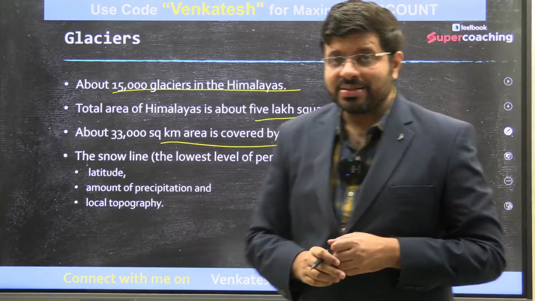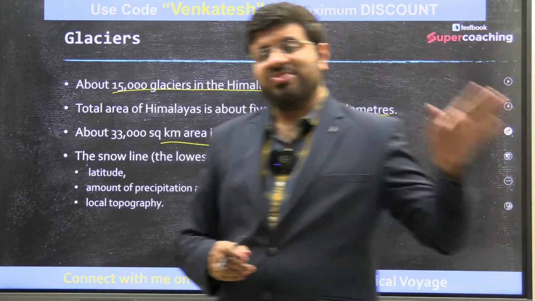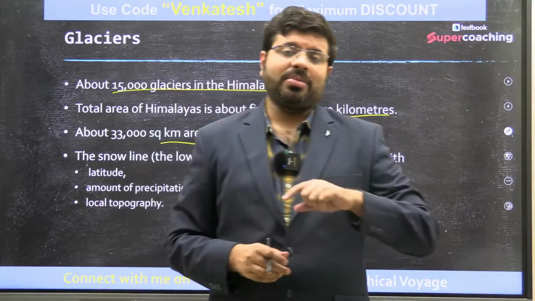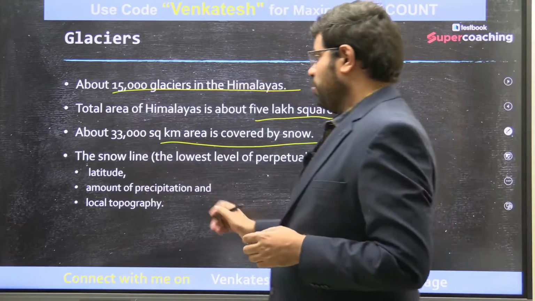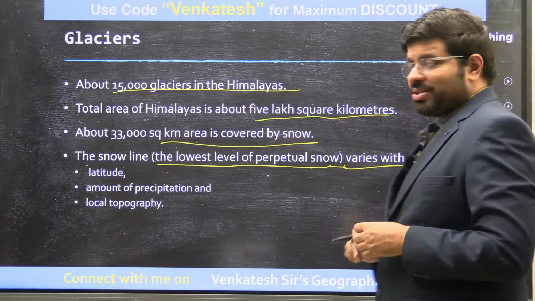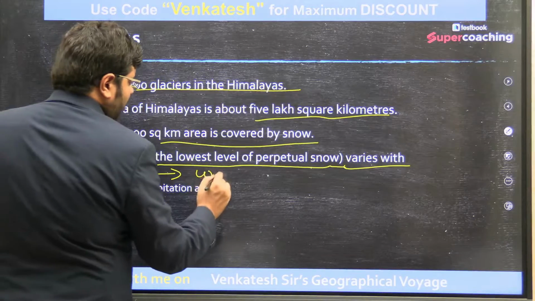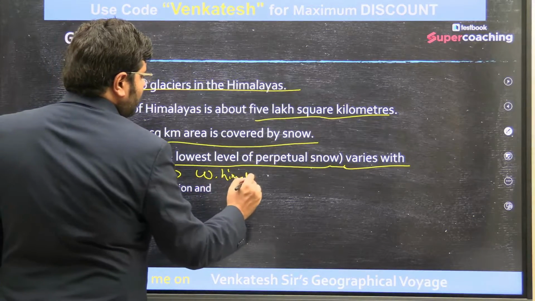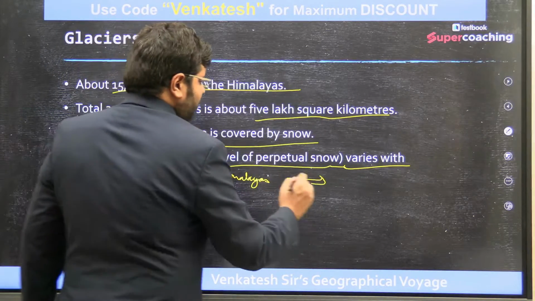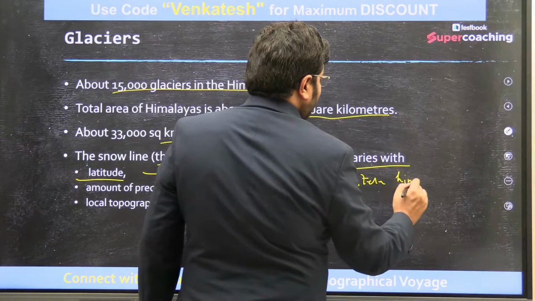The snow line in the eastern Himalayas in Arunachal Pradesh is very different from that in the western Himalayas. The snow line, the lowest level of perpetual snow, varies with latitude. That is why you need to understand the western Himalayas with respect to the eastern Himalayas.